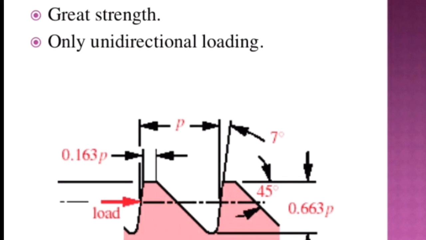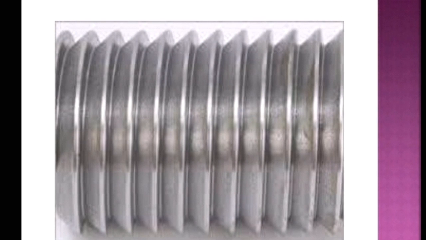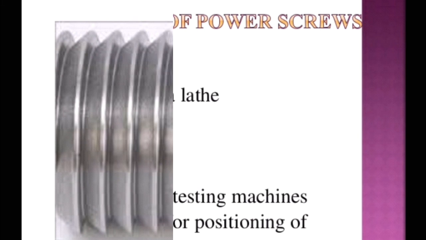The important points of these threads are that they provide great strength and are used only in unidirectional loadings. This is an example of a BUTTRESS thread.